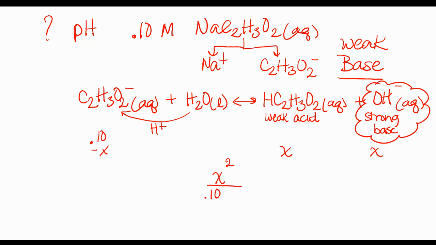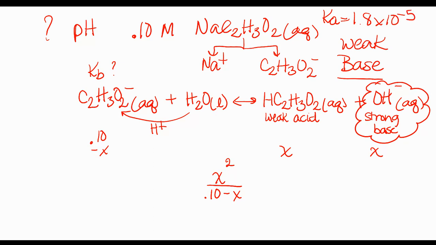And then I'm writing this out as a base, correct? So we really need Kb. Now, if you look in the back of your textbook or you look on Google, whatever, it's going to be hard to find. So instead, what we have to do is understand that in the back of the book is the Ka of acetic acid. So the Ka of acetic acid is 1.8 times 10 to the negative 5.